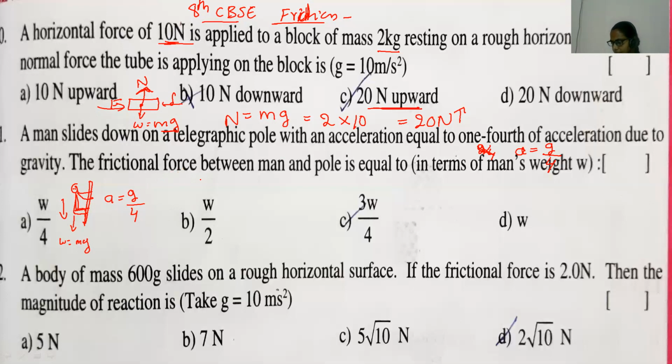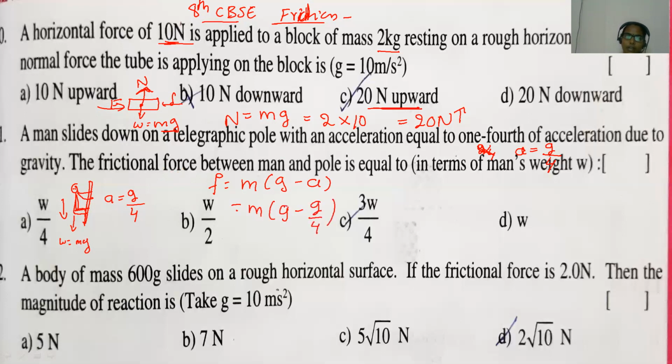I hope this is clear, children. Now let us see the formula. What is the formula used to calculate this? So you know, the frictional force will depend upon mass into g minus a. Here mass, and g minus a is nothing but g by 4.